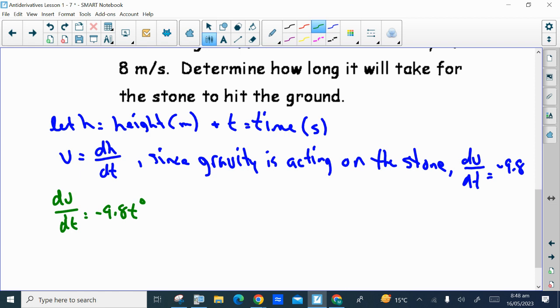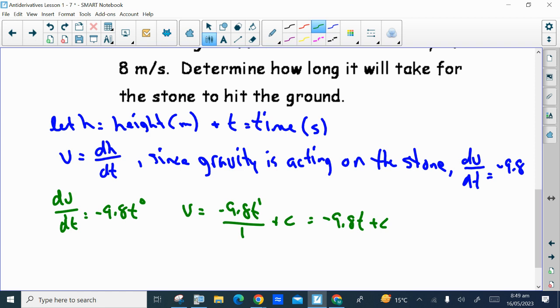And because dv by dt is a constant, we put it with the variable to the power 0. So now we can take the antiderivative. So v will be the antiderivative of that. It'll be negative 9.8 t to the 1 over 1 plus c, or negative 9.8 t plus c.